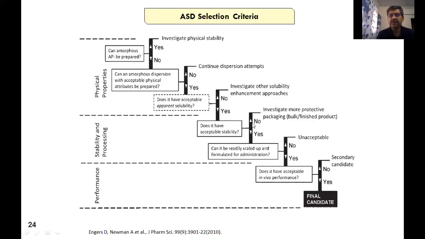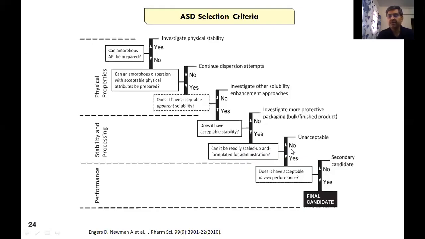And if the stability is not appropriate, then you will investigate approaches like giving a protective packaging or protecting your product during the processing. If it gives you the desired stability profile, then you need to check whether the process can be scaled up and formulated for administration, which means, is the scalability there in the process or not.